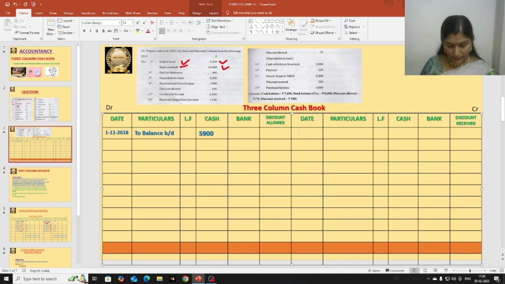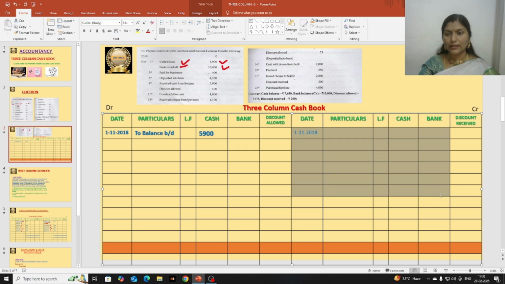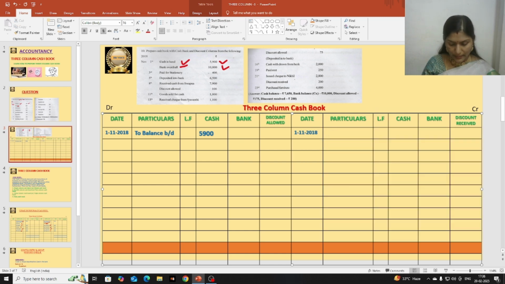Again the same date I am recording, 1-11-2018, and in the particulars column we will record by balance brought down. So where will we put the amount? In the bank column, because that is bank overdraft. How much is it? 10,800.